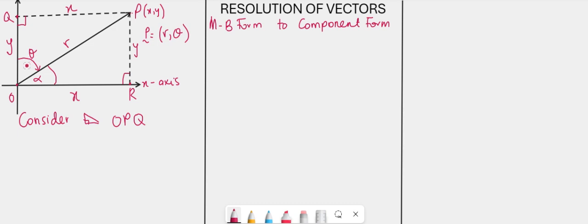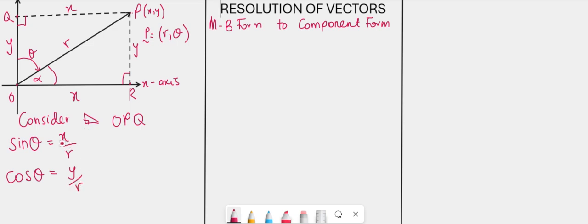So if we are looking for x, we can use sine. Sine theta, which is opposite over hypotenuse, will give us x over r. We can also use cos theta, and we have the adjacent y over r.